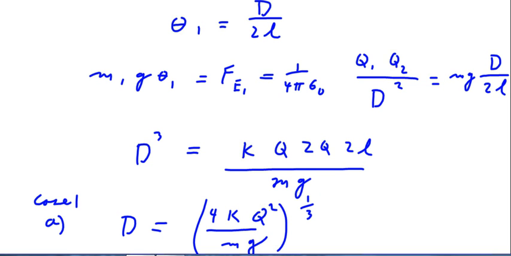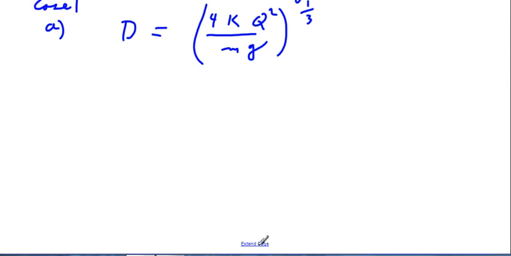Okay, so that's the first guy. Case 2, we have that theta 2 over theta 1 has a 2 this time.